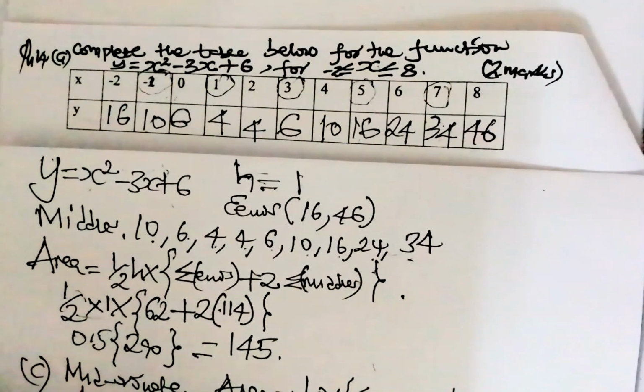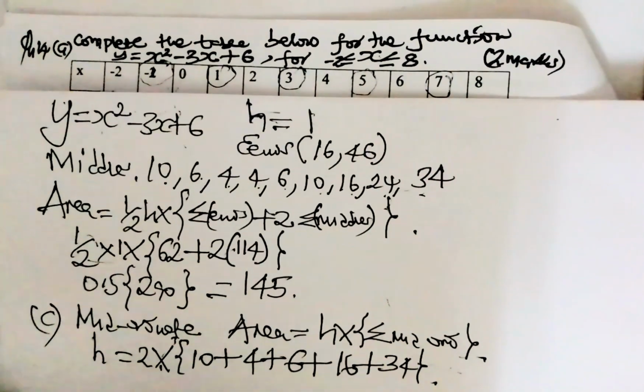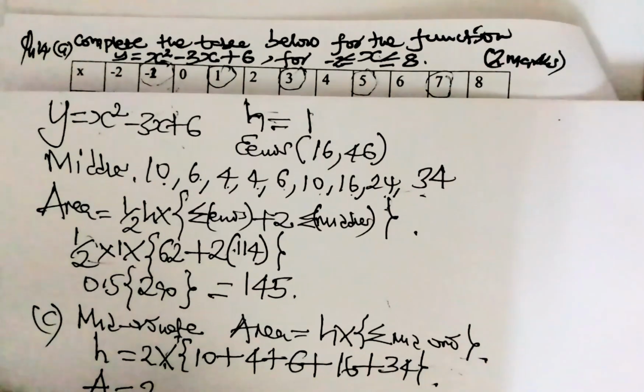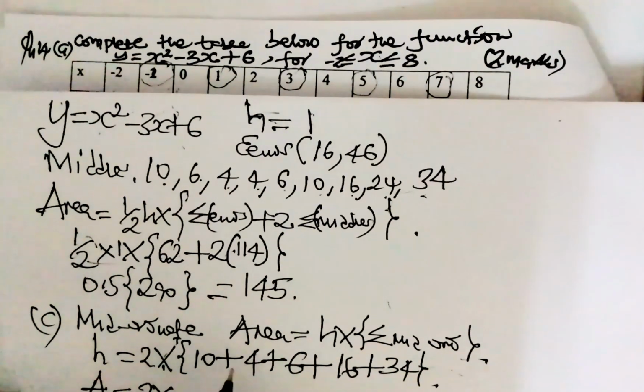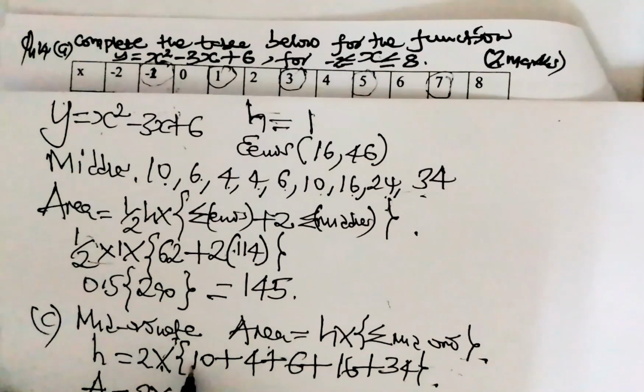So the area will be equivalent to 2 multiplied by, when you add all these values, you're going to get 50 plus 20, which is 70.